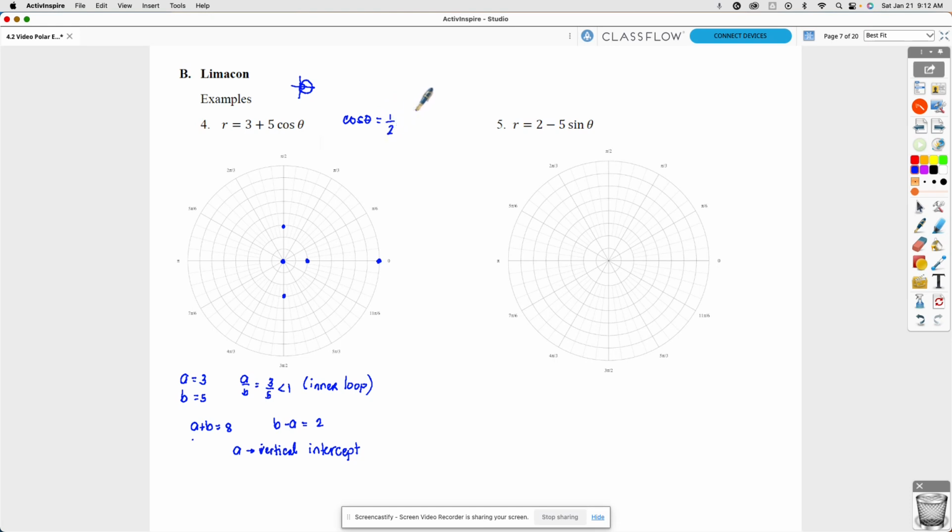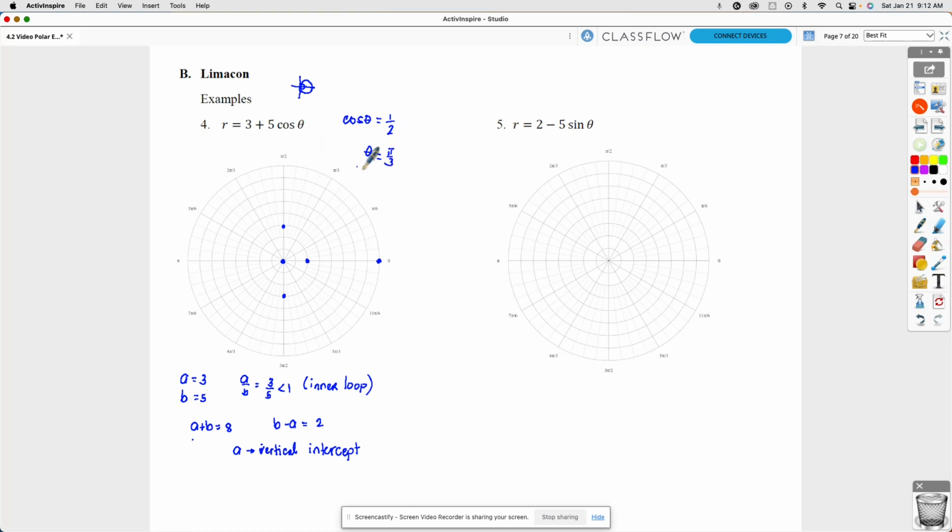Okay, so where is cosine theta equal to 1/2? When theta is equal to pi over 3, right?